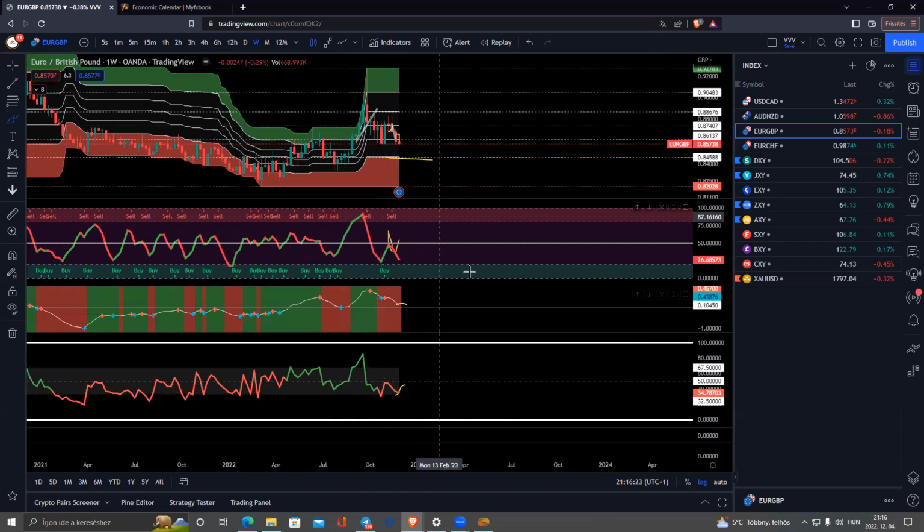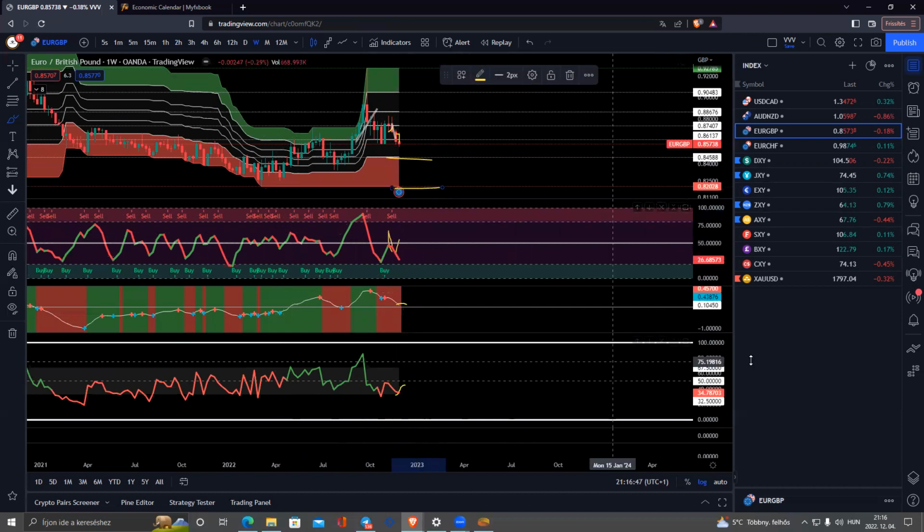So most of the signals are showing us continuation down actually, and this is the first target zone, which is also about 130 pips. There is a potential, and even if it breaks below that point, it is the next target zone, and it's about 370 pips.